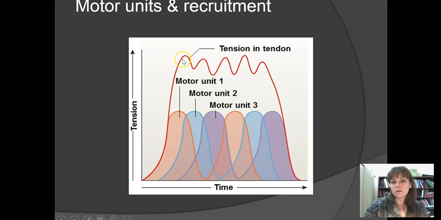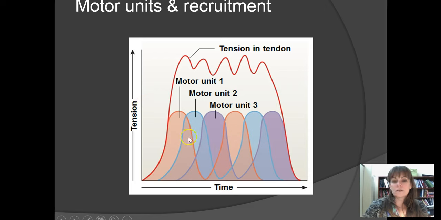Now what do we do if we want the overall muscle tension to increase? Well, we just recruit more motor units. So rather than alternating, maybe we'll have two contracted at once. And that can get us even higher muscle tension.